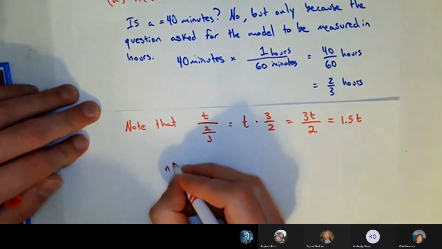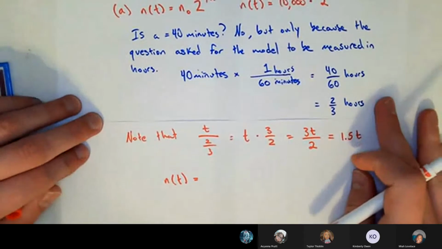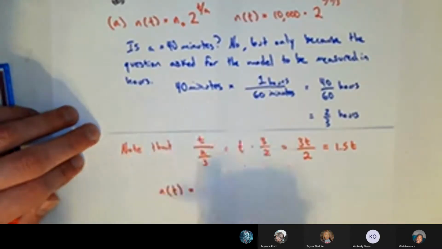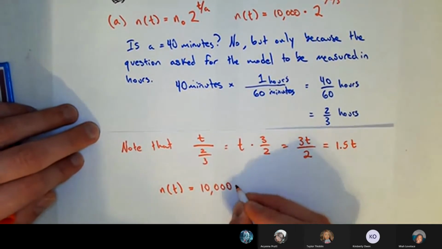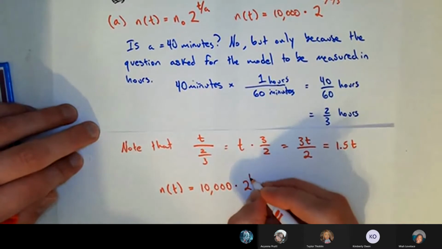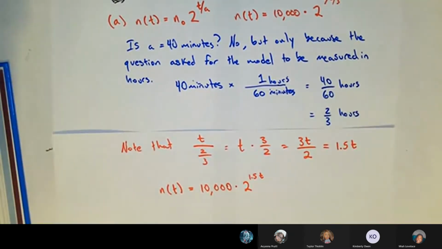Okay, so finally for part A, after figuring out that the doubling time needed to be measured in hours, and then working through the fraction arithmetic up here in the exponent position, we get 10,000 times 2 raised to the 1.5t, 1.5 times t.